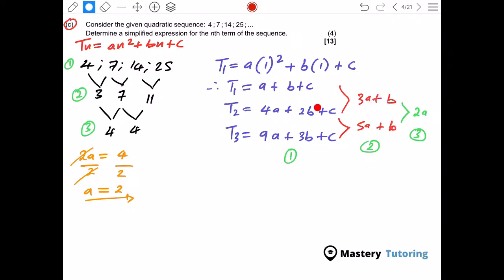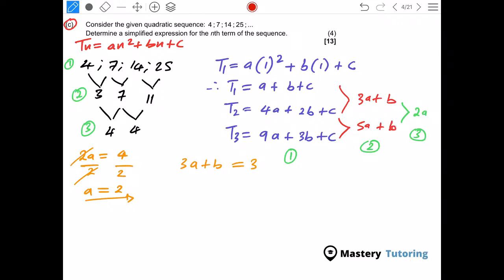If you choose to use the difference between term number 3 and term number 2, you need to equate it to this 7 here. So going with this one, we're going to have 3A plus B is equal to, excuse me, we're going to equate it to 3.